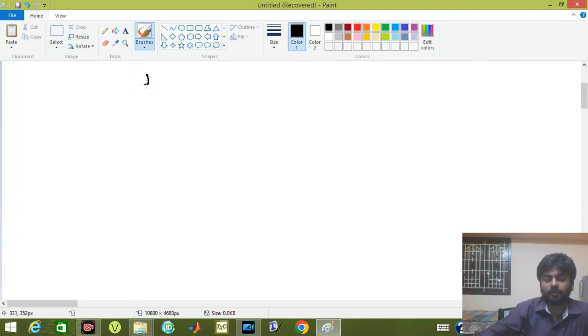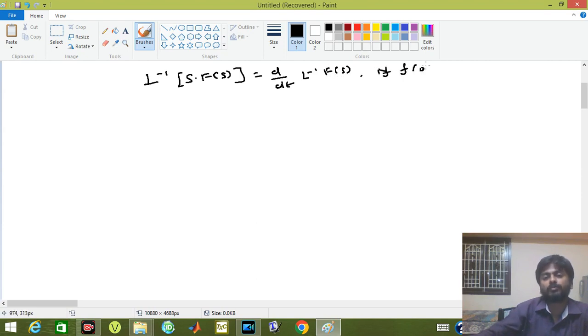If you are having L inverse of s into f of s, then you will have d by dt of L inverse of f of s if f of 0 equal to 0.